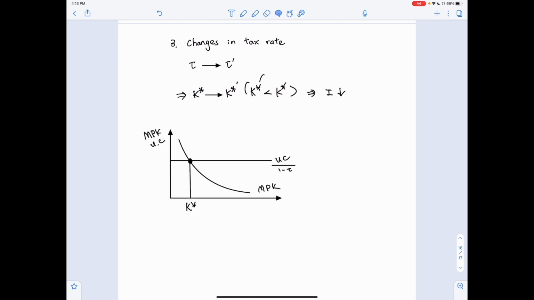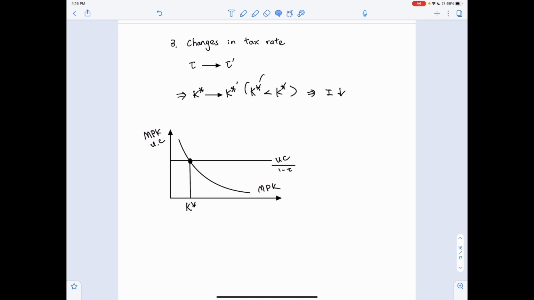We now adjust the user cost of capital by introducing a term called the tax-adjusted user cost. Based on this concept, we are also going to find a capital stock level that equates the marginal product of capital to the user cost of capital after tax. When we face an increase in the tax rate, the denominator 1 minus tau becomes smaller.